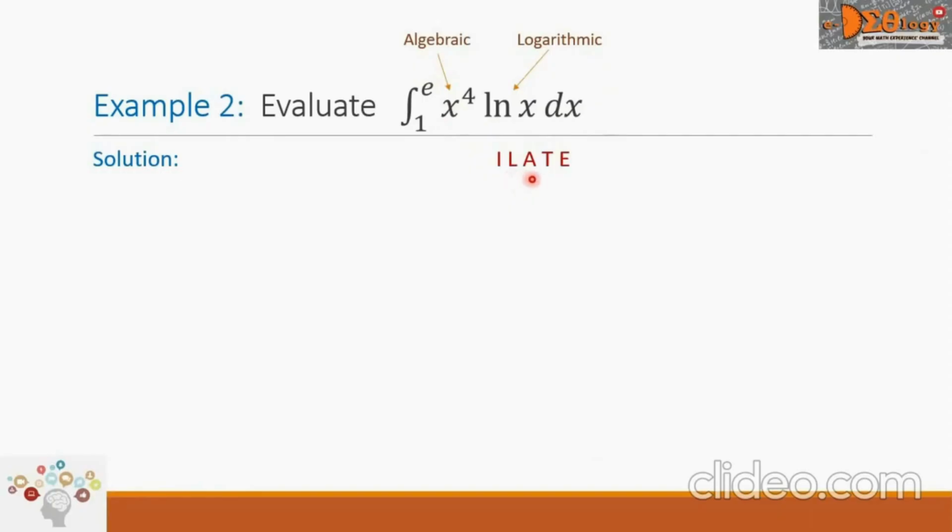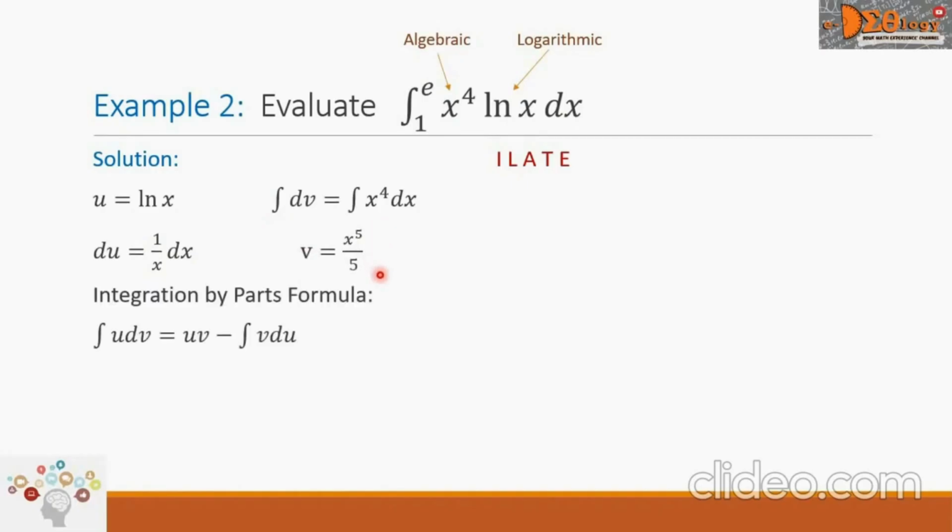So we use u as that ln x. So dv is equal to x raised to 4 dx. The du is equal to 1 over x dx. While we take the integral of the dv, we have now v equals x raised to 5 over 5.